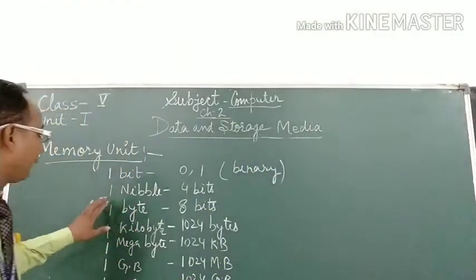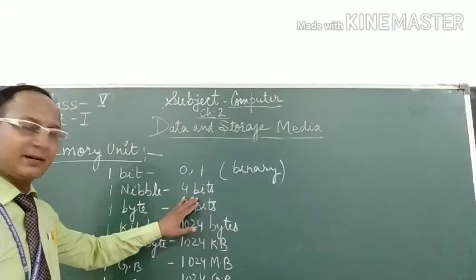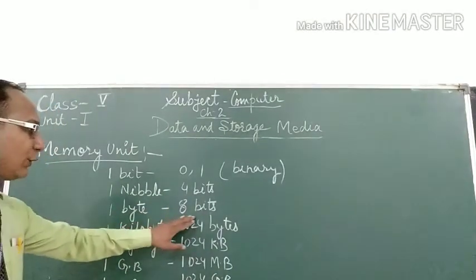One nibble is equal to 4 bits. 1 byte is equal to 8 bits.